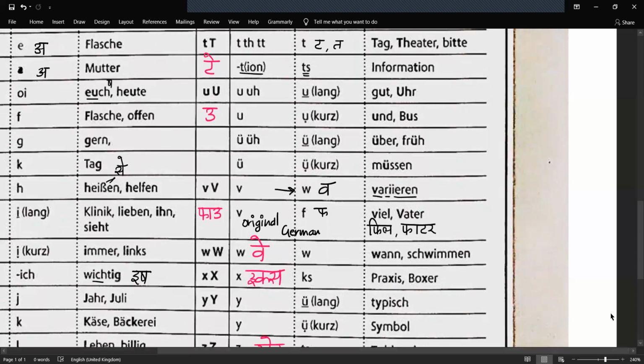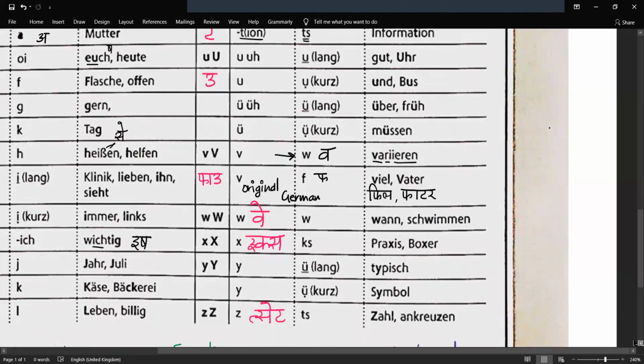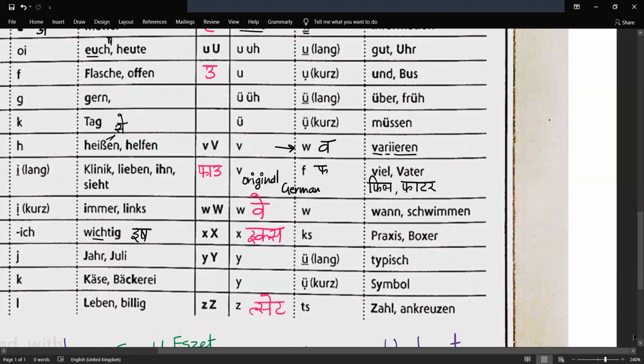This is something that we learn, of course, with practice. We get acquainted with how and when to pronounce it as f and when to pronounce it as v. Then the next is W. Again, v sound, schwimmen. X has the x sound, Praxis, Boxer.